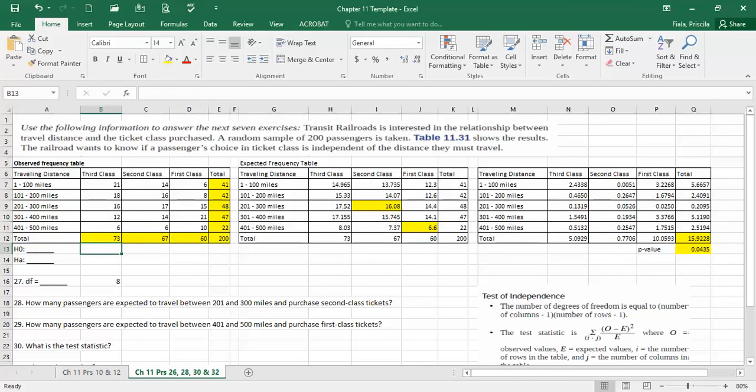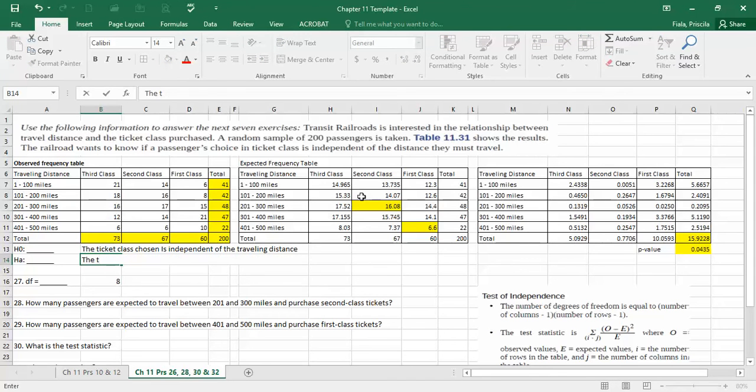So I haven't even set up my null hypothesis, my alternative hypothesis. So let's go ahead and do that. For my null hypothesis, I can say that the ticket class chosen is independent of the traveling distance.